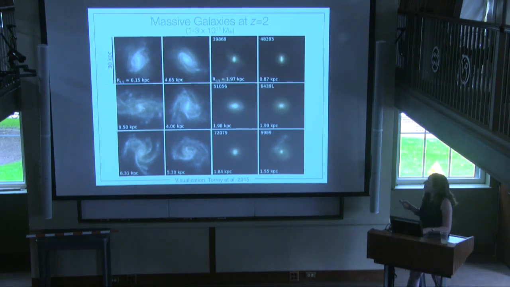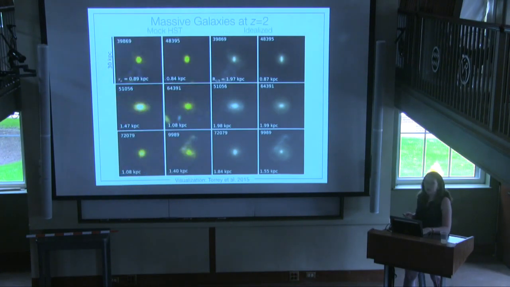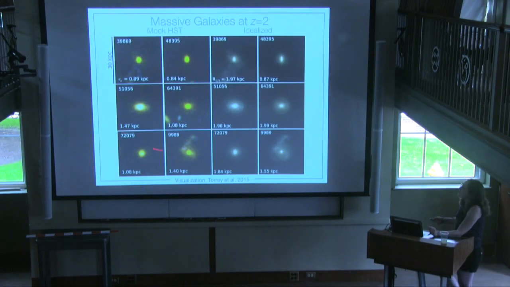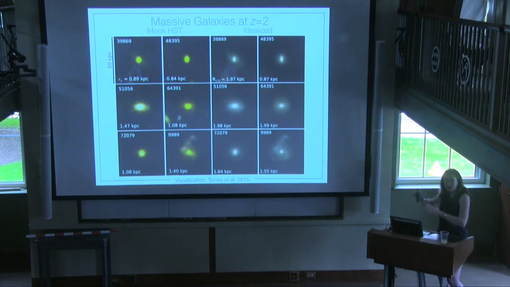We can also ask, what might these galaxies look like if we were to observe them? So these are mock observations, where essentially what we've done is we've taken the light given off by the star particles in the simulation, redshifted the SED to a redshift of 2, integrated over the HST bands, binned it into pixels, applied the point spread function for the HST camera that was used, and put in a little bit of background noise, and voila, you get these mock observations on the left.